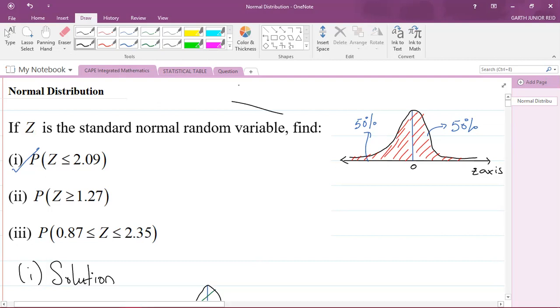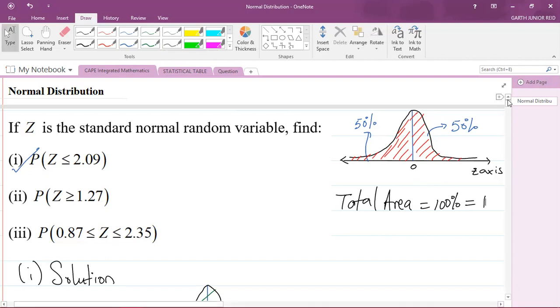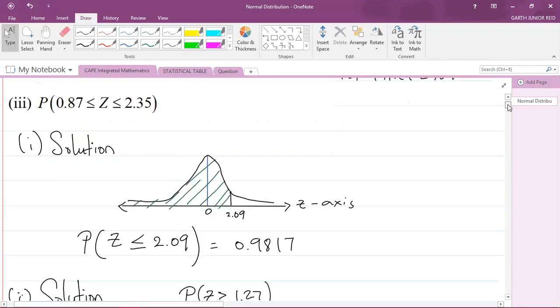Okay, so let me write that down here. So I am saying that the total area is going to be 50% plus 50%, which is 100%, right? And 100% is the same as 1. Okay, so the total area under the curve is equal to 1.